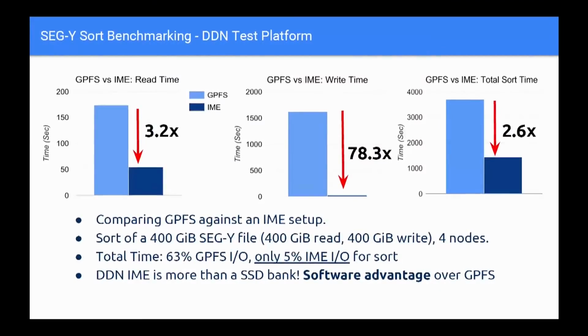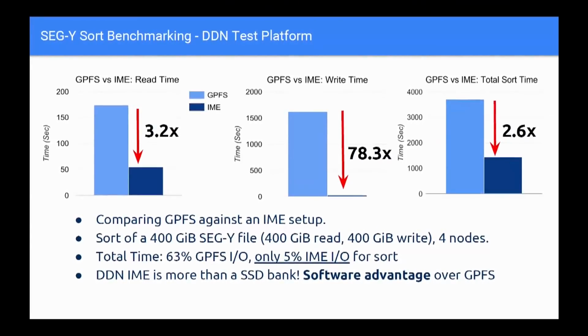So I'll just jump straight to the big boost. What we did was we sorted a 400 gigabyte SEG-Y file. We're working on bigger sorts, but they're still in queues. So we looked at sorting the file using GPFS and using the IME on the same cluster, a DDN test system.